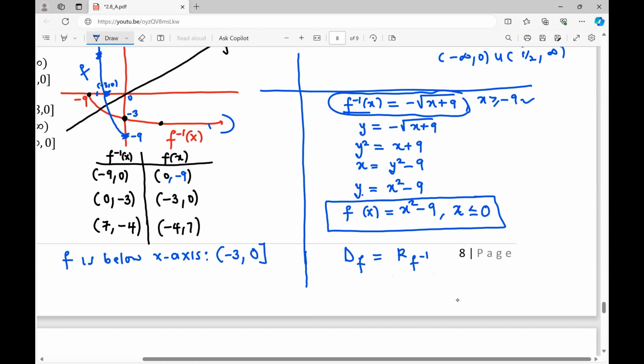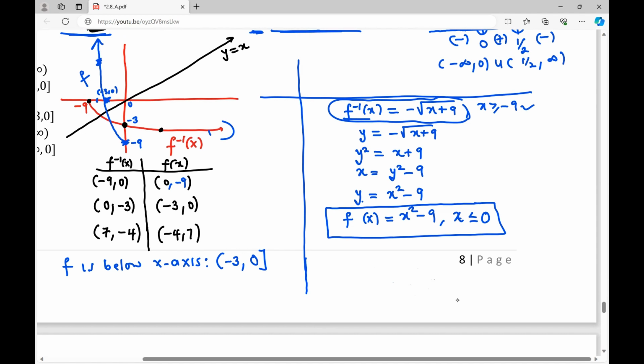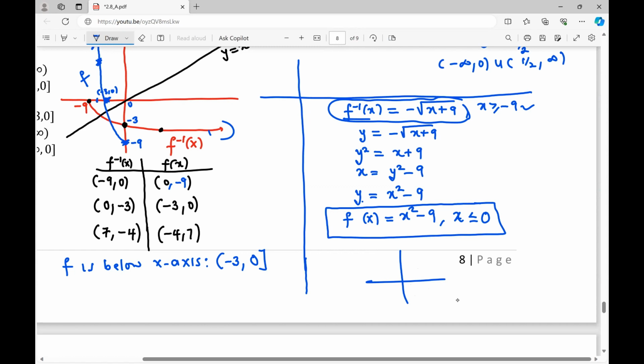Now, have we finished? No. Almost there. What is this function F? The graph of x squared minus 9 is just a parabola, x squared shifted down 9 units. So it's supposed to look like this, because x is less than or equal to 0.